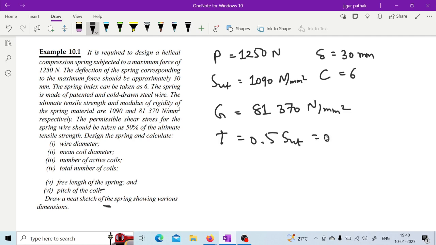That is nothing but 0.5 times 1090, which is 545 Newton per mm square.